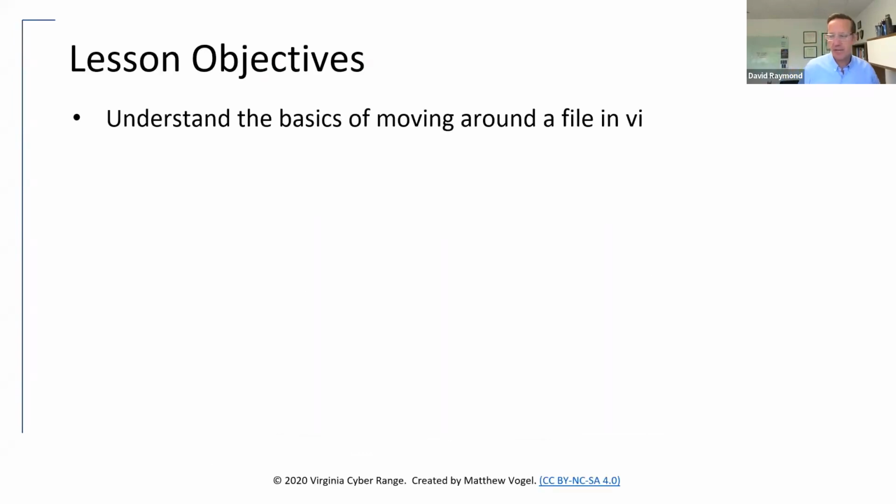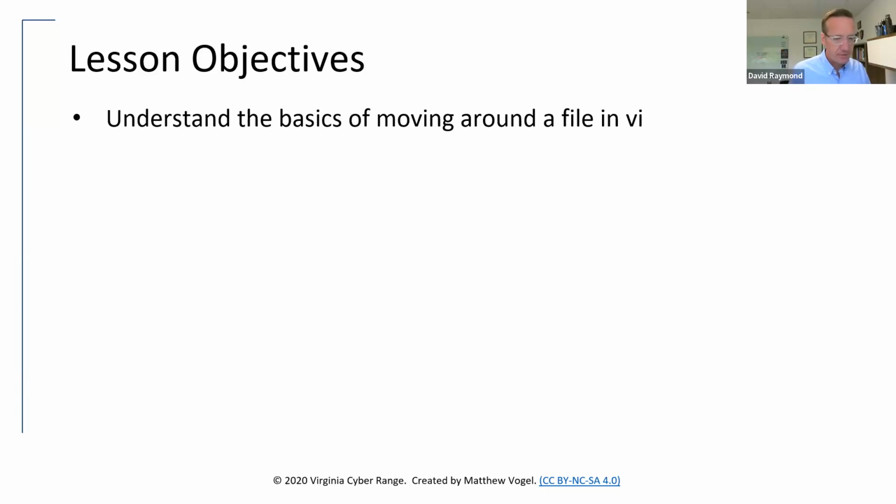Okay, so today we're just talking about moving around in a file in VI, and that seems really straightforward, right? You have arrow keys, you just use arrow keys to move around. It can be that simple if you want to keep it that simple. However, there's lots of other things you can do in VI to move around.